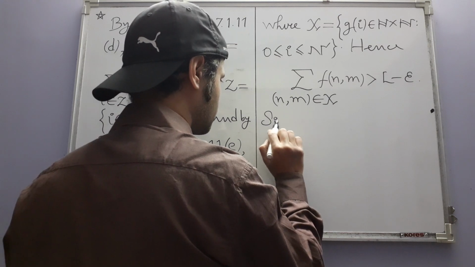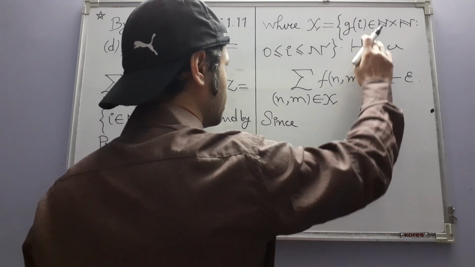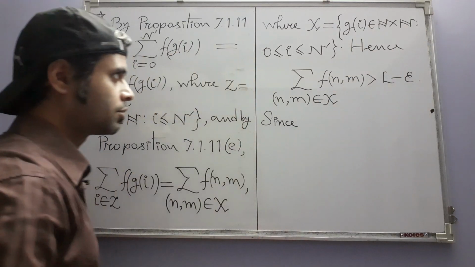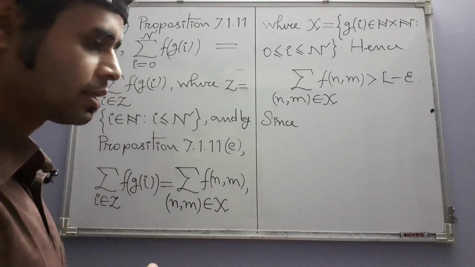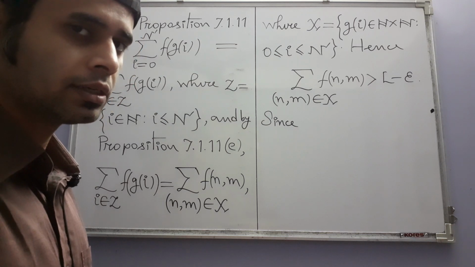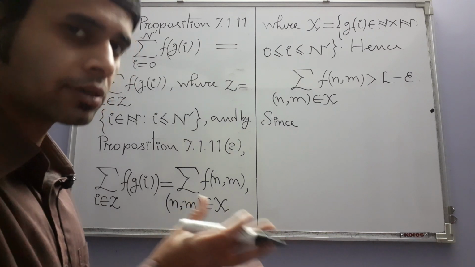Are you confused about g of i being in this Cartesian product? Do not forget that g is a function from N to N cross N. So g of anything, any natural number, is going to be an ordered pair.